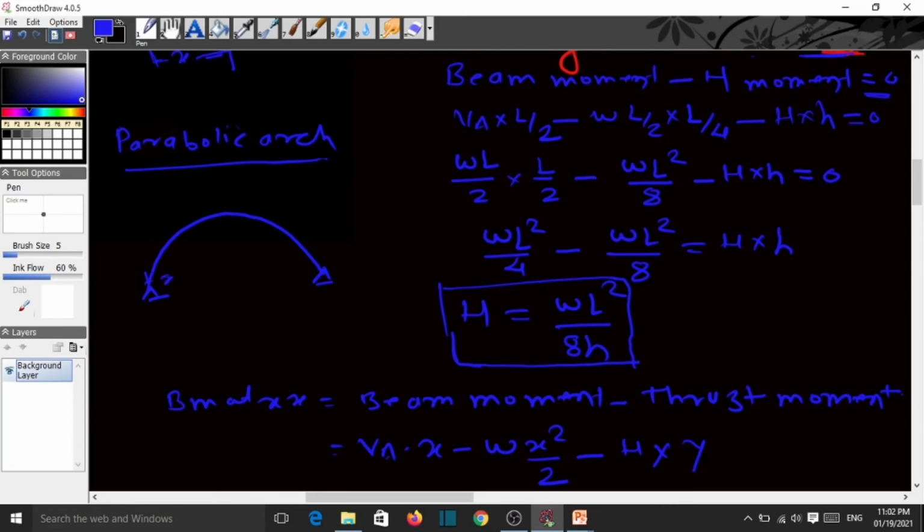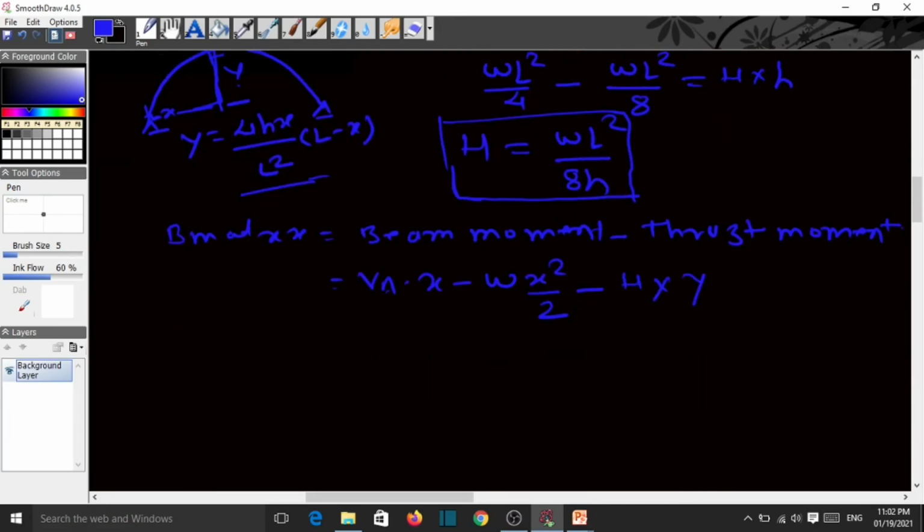So it is at distance x from the hinge support here, and this is y. So y is equal to 4hx by L square into L minus x. So this is y anywhere in the parabolic arch from the support: y is equal to 4hx divided by L square into L minus x.